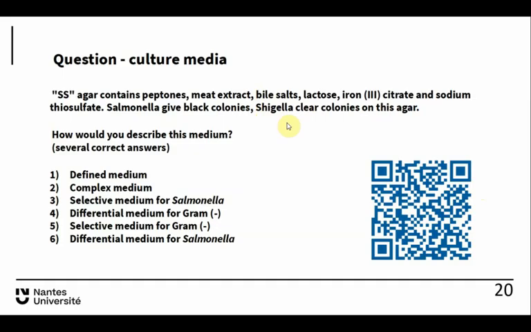So in fact, it's differential for Salmonella. So this is complex medium, selective for gram negatives, and differential for Salmonella. Yeah, that's right. And it's also got lactose, so coliforms, lactose positive gram negatives, will give you maybe pink colonies. So you have pink, clear, and black, and it will give you something differential between Shigella, Salmonella, and coliforms.